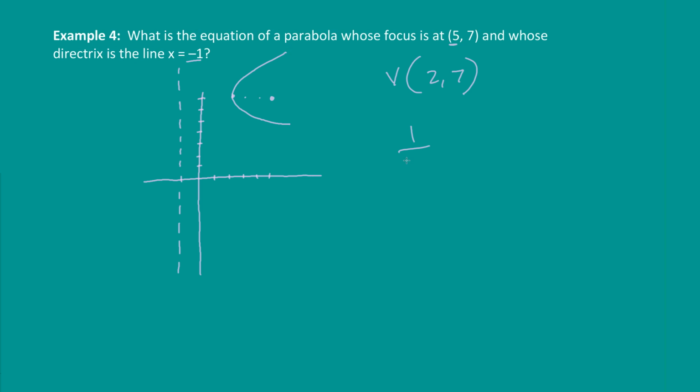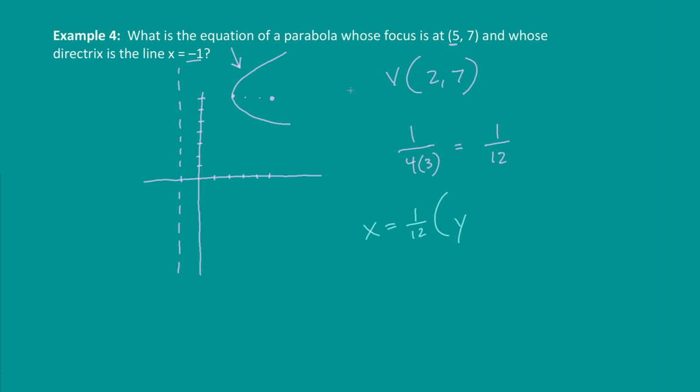So 1 over 4 times 3, which our p value would give us an a value, that value that we're going to put in front of our formula, of 1/12. So because this is opening to the right, we know it's an x equals y squared. So x equals 1 over 12 times y.